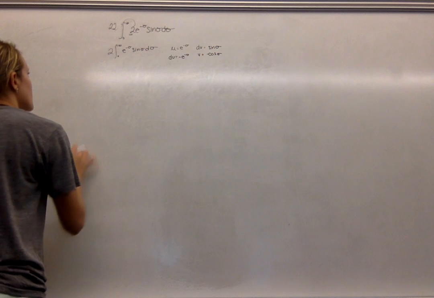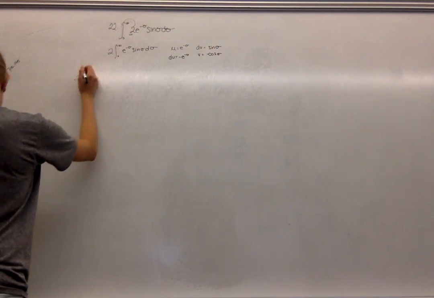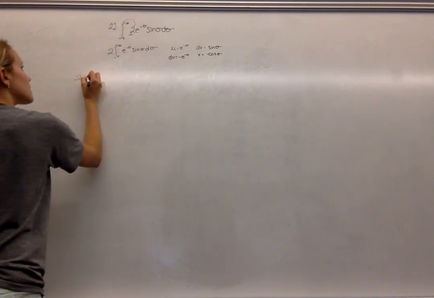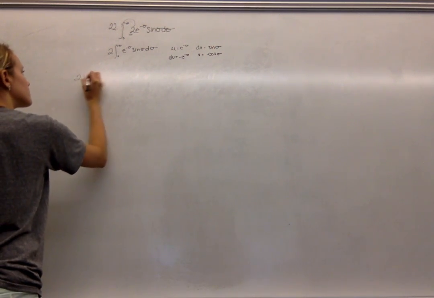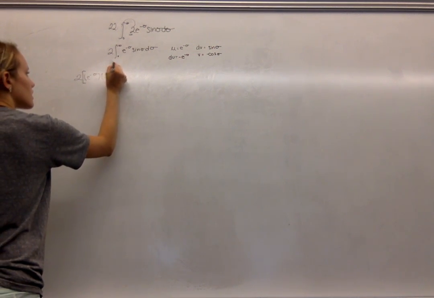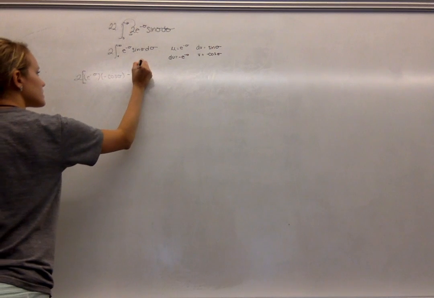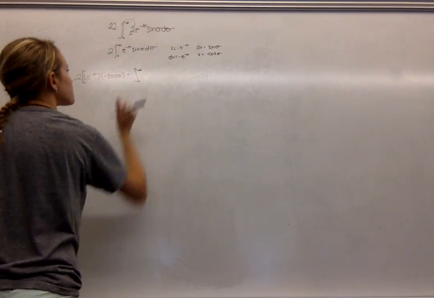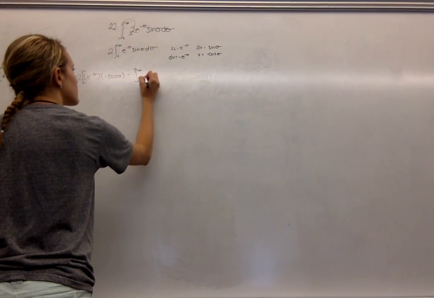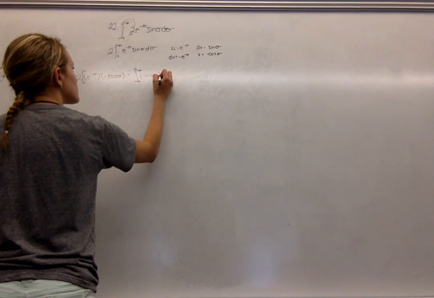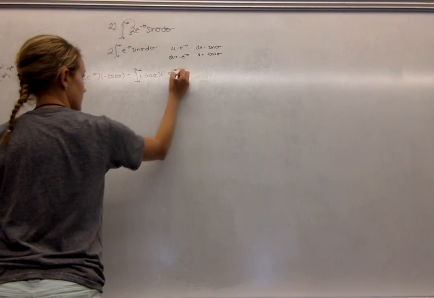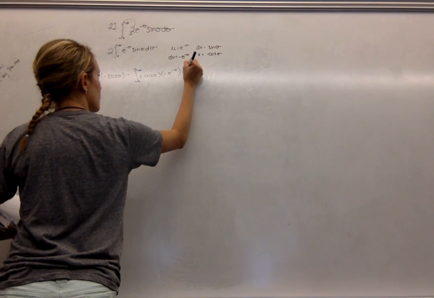So now we rewrite this as 2 times u times v, e to the negative theta times negative cosine theta, minus the integral from 0 to infinity of v, negative cosine theta, times du, negative e to the negative theta d theta.